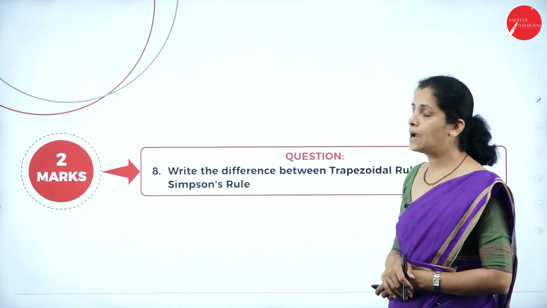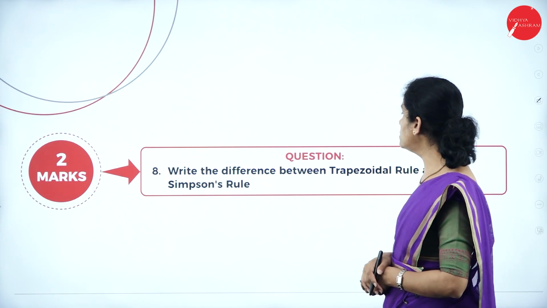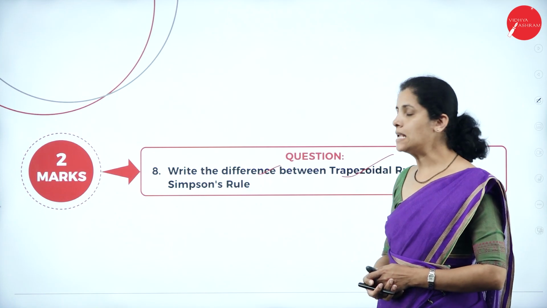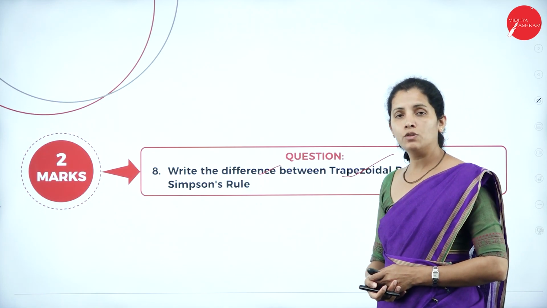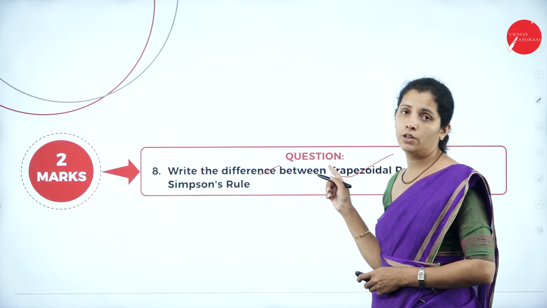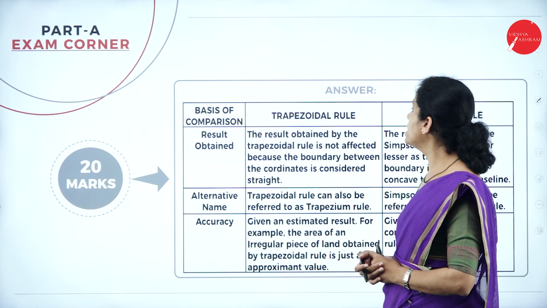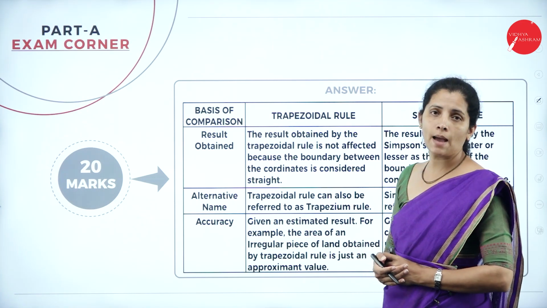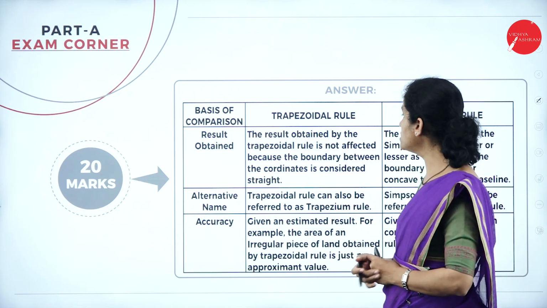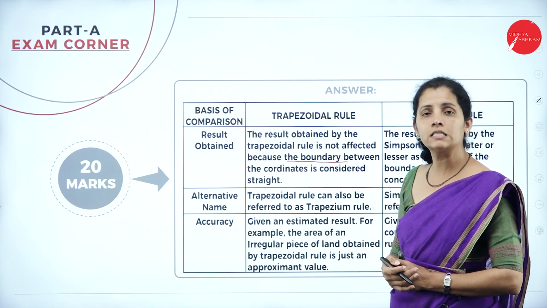Now, dear student, I am going to have the 8th question, that is, write the difference between the trapezoidal rule as well as Simpson's rule. This question is under the 3rd unit. The result obtained by the trapezoidal rule will not be affected because the boundary between coordinates is considered as straight.